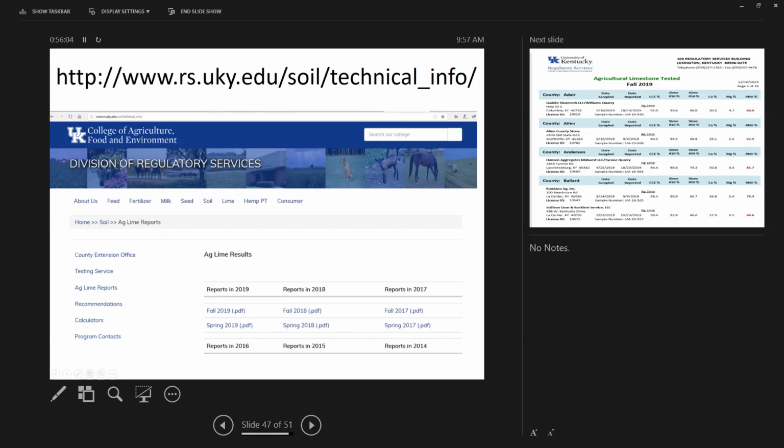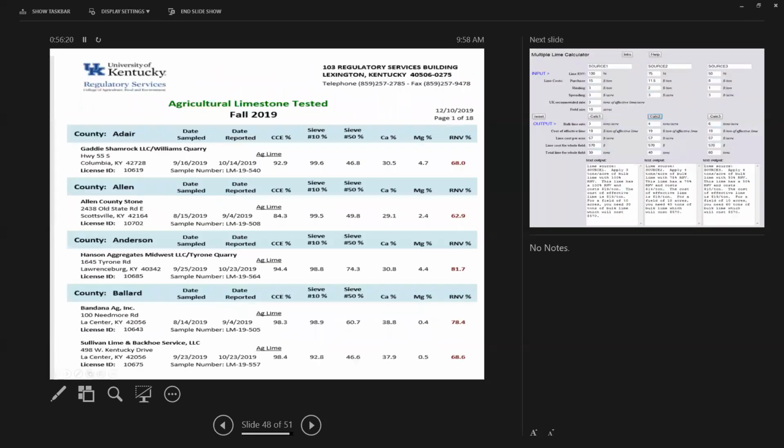So the last one was the fall of 2019. We should be getting the spring 2020 out anytime now. It gives you the most current sample for the quarries that sell lime in Kentucky. So this is just an example. I took a screenshot. We have Adair, Allen, Anderson, and Ballard County.